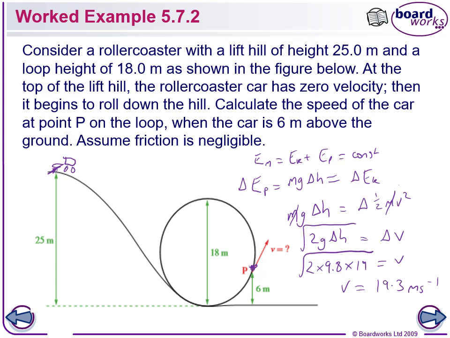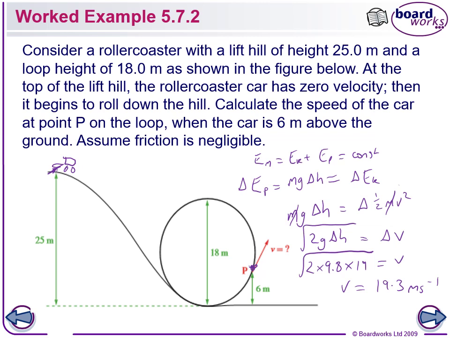So the key with a problem like this is recognizing that mechanical energy is a constant and that your change in gravitational potential energy is equal to your change in kinetic energy. So as we've gone from the top at 25 down to 6, we've lost gravitational, but we have gained kinetic. So as long as we remember that whatever we lose in one, we gain in the other, we can set it out like this.